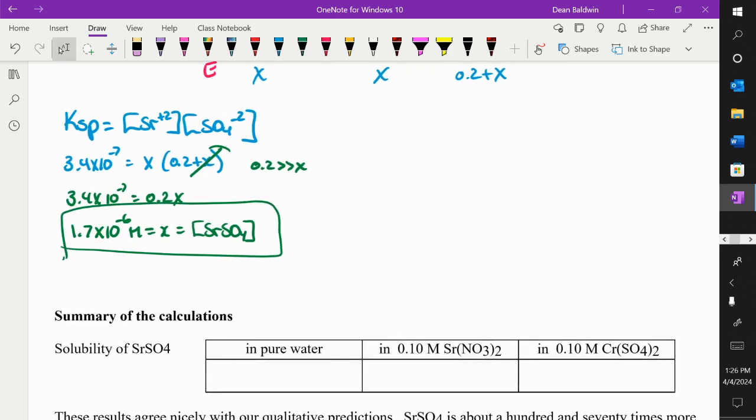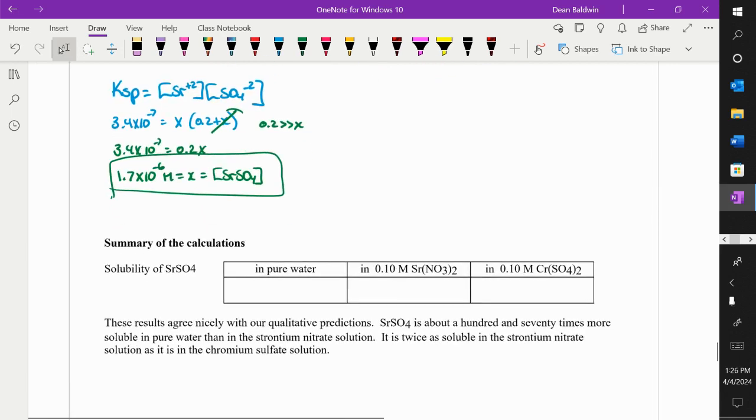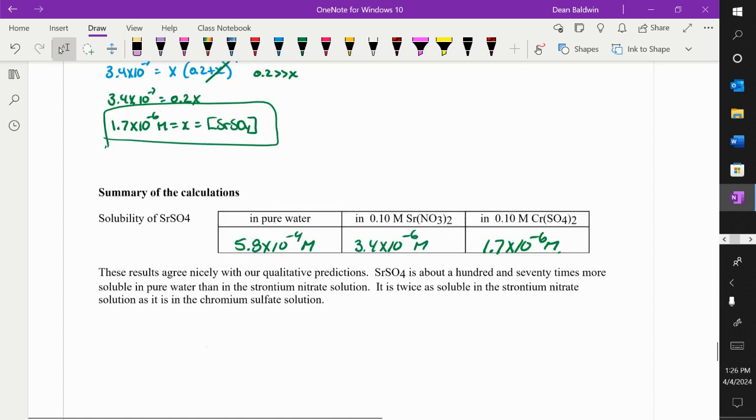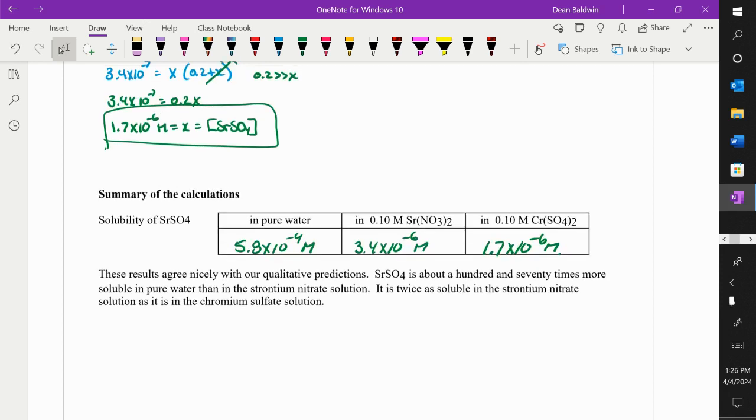All right. So just a little table so we can see them side by side. You can see in pure water, that's the highest concentration you can have, which is 5.8 times 10 to the minus 4.